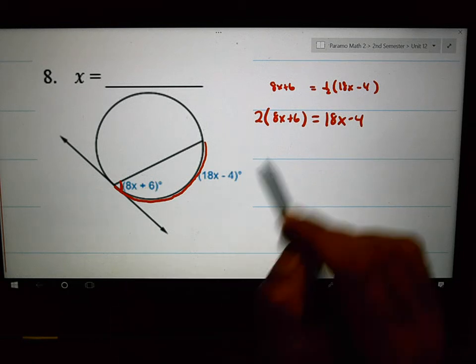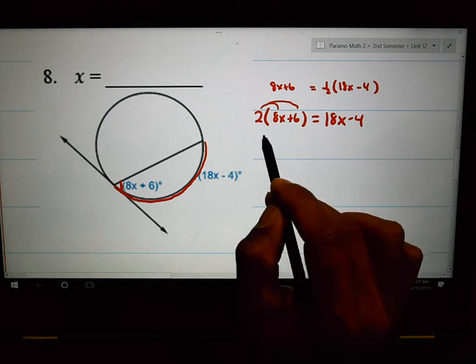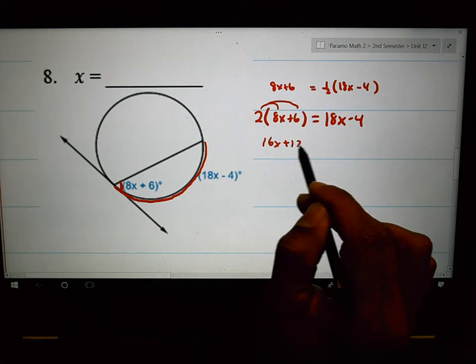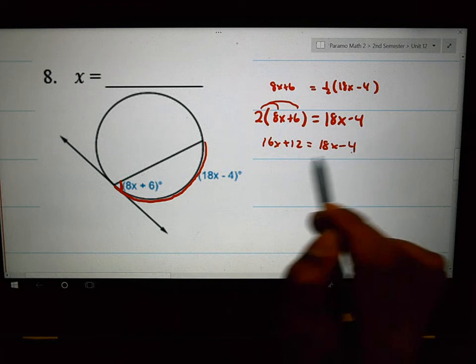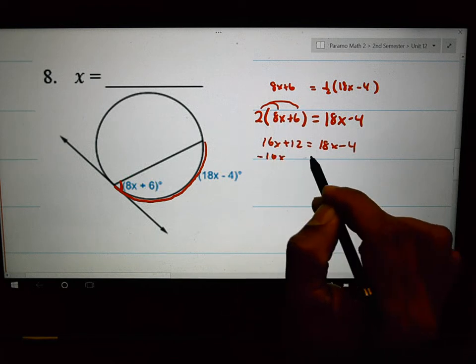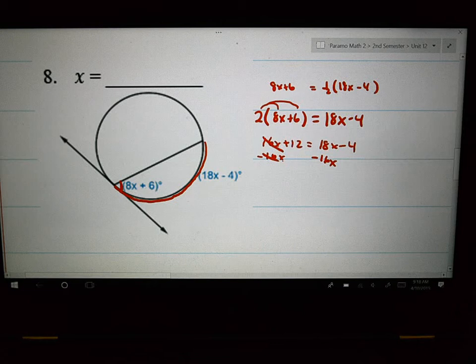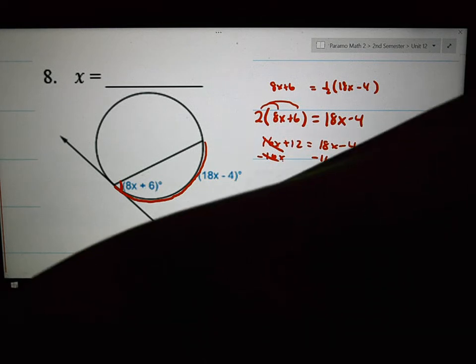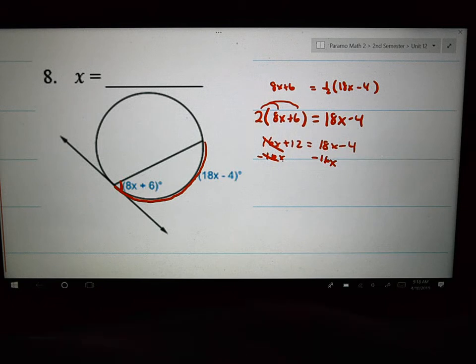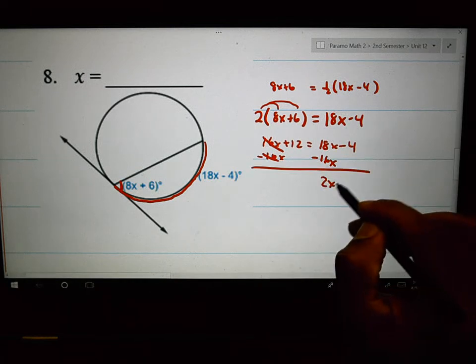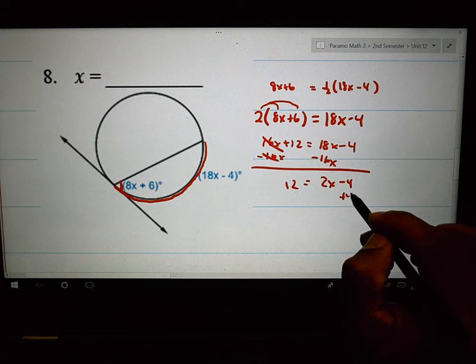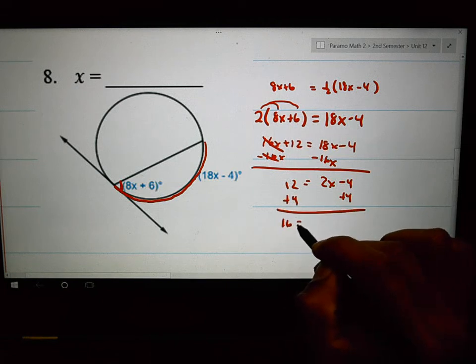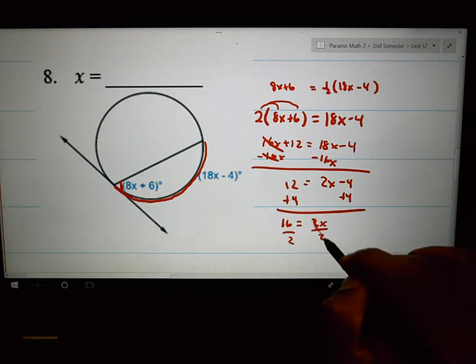If I double the smaller one, don't forget to distribute and get 16x plus 12 equals 18x minus 4. Subtract 16x, subtract 16x. You would get 2x. Add the 4. Divide by 2.